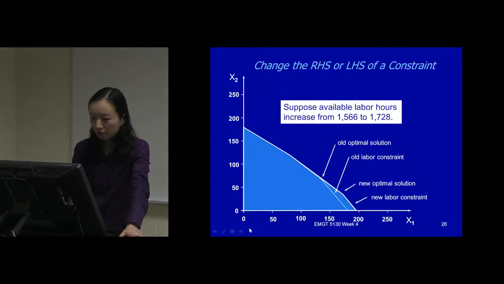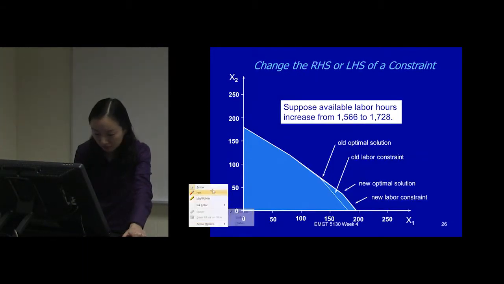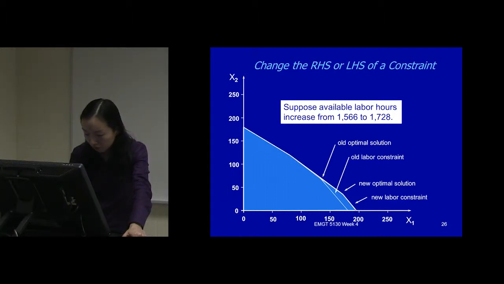Okay, so some illustration of how the right-hand side changes. Originally this is our feasible region, and when we change the labor hour, which is the right-hand side, from 1566 to 1728, the new constraint is something like this.